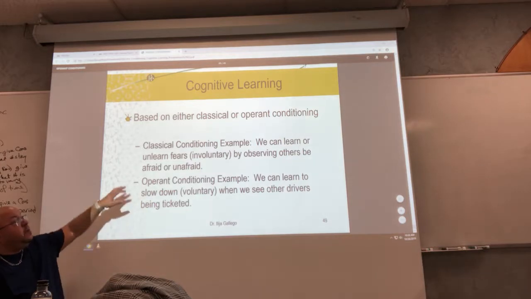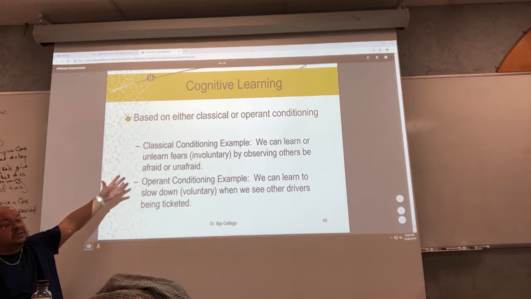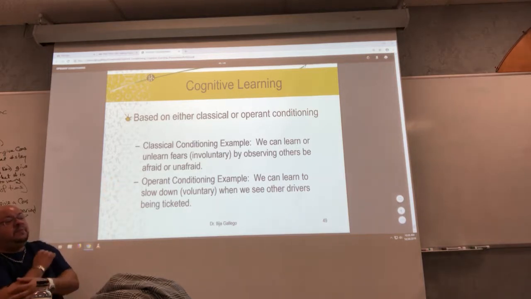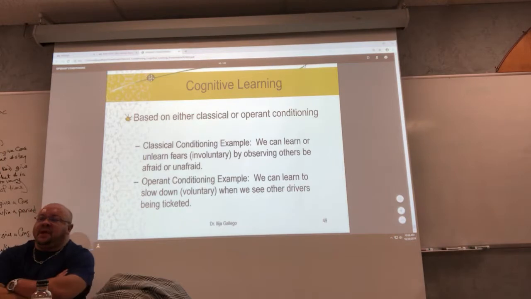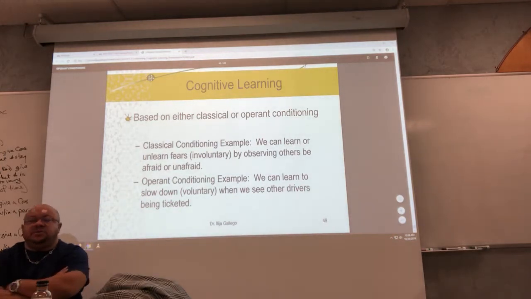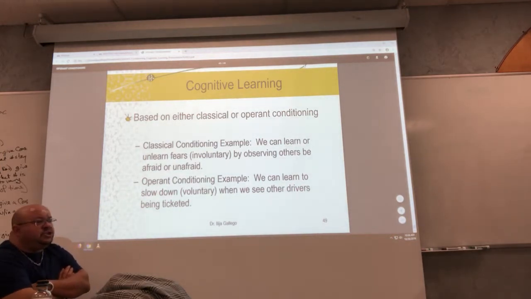So for example, you can learn to be afraid of something, which is classical, because it's involuntary, by observing other people being afraid or unafraid. You can unlearn it too. I knew a kid who was starting to act like she was afraid of bridges because her mom was afraid of bridges.